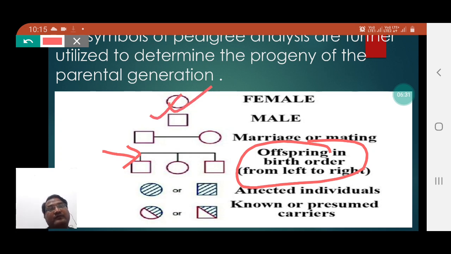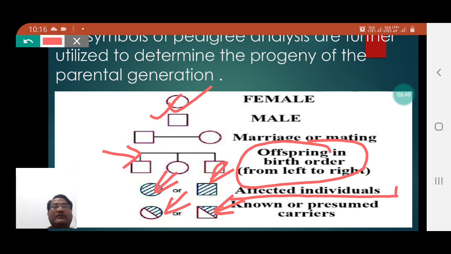If it is fully shaded, then the individual is infected with a particular trait or a certain disease. And if it is only partially shaded, then this shows that the person is just a carrier and is not exactly suffering from the disease or exhibiting the trait.